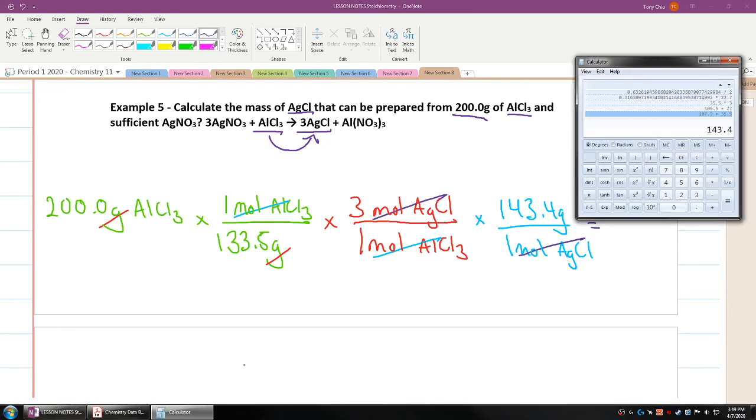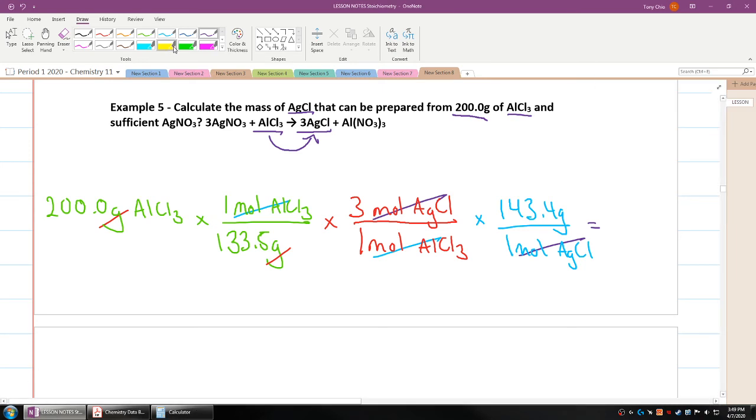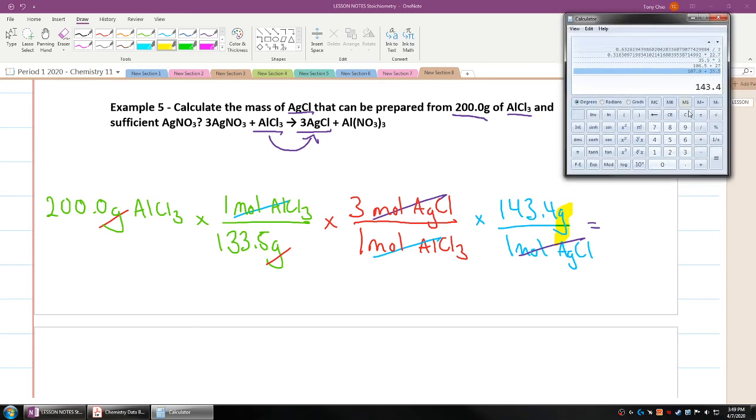So now I could punch all these values into my calculator because I just solved for the mass that I'm trying to solve for of silver chloride. So what I get here is 200 divided by 133.5 times 3 times 143.4. And I should get a value of 644.5 because I should have 5 sig figs.